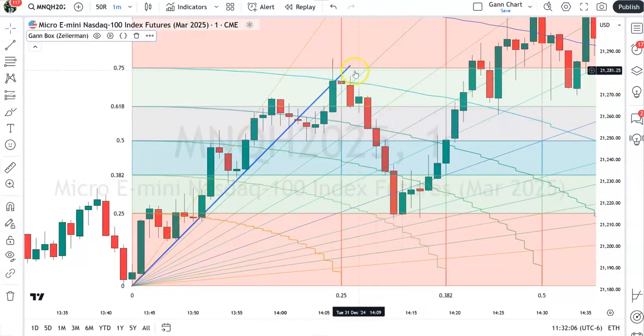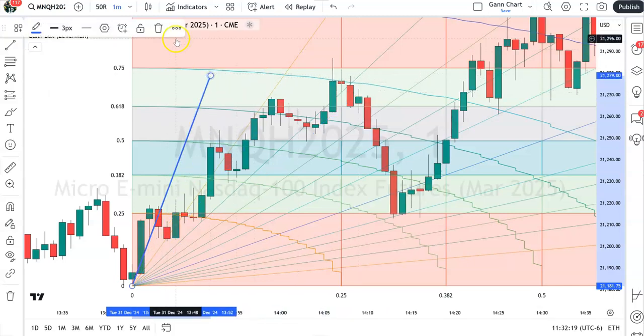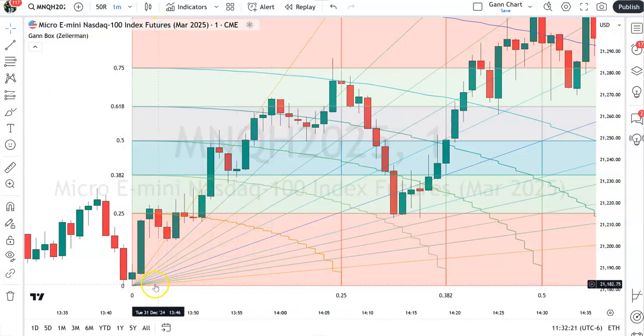But you notice how subjective it is. So you could draw it here, you could go to the wicks there, you could go from one wick to the next, but it's very subjective, right? Okay, and we're kind of force-fitting things. You'll notice here, let's just look. These are auto-generated, these angles here.